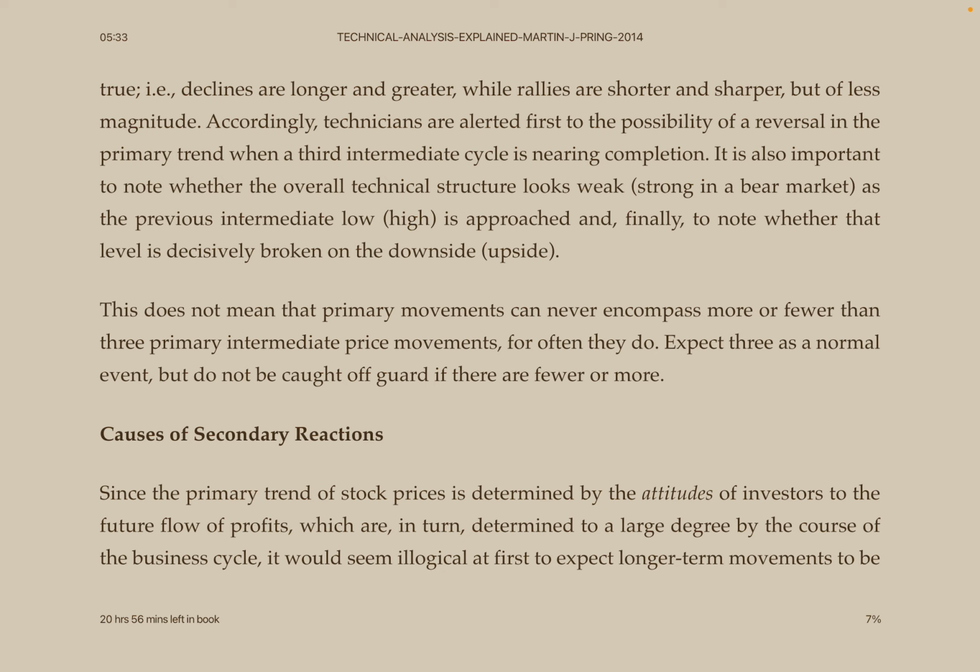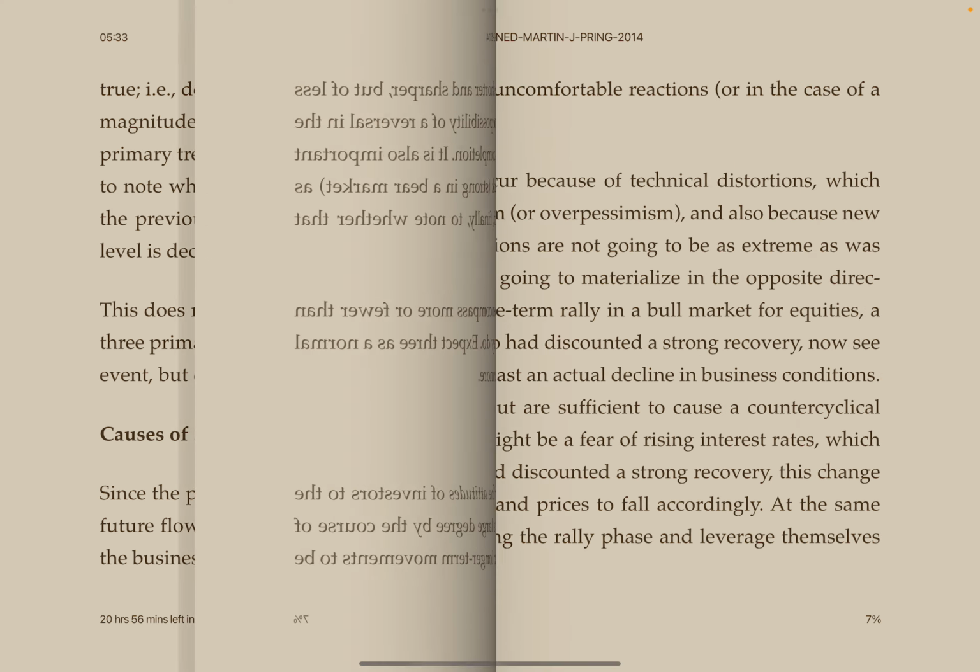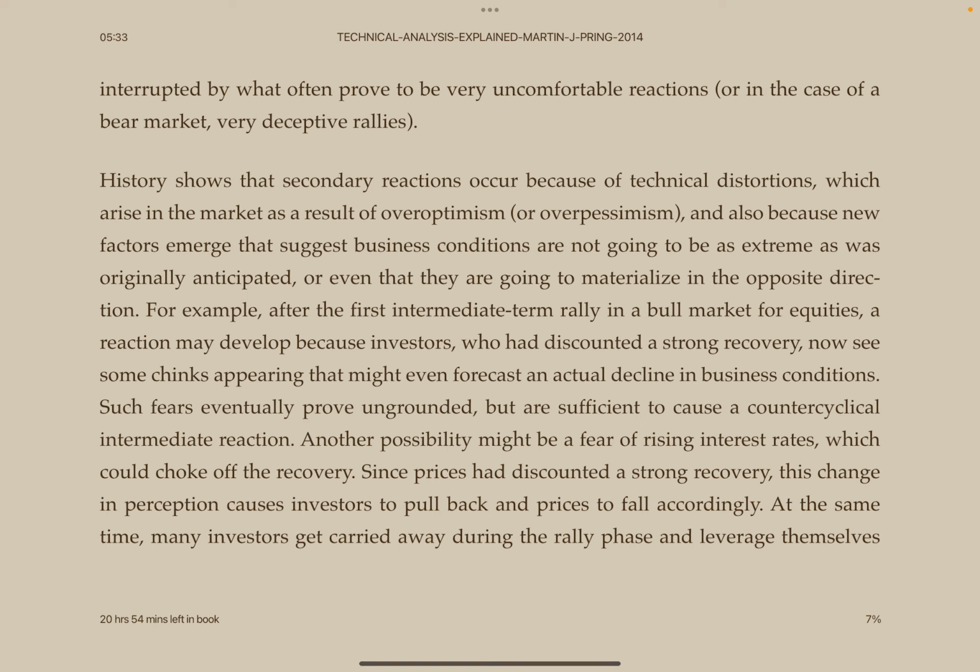Causes of secondary reactions. Since the primary trend of stock prices is determined by the attitudes of investors to the future flow of profits, which are in turn determined to a large degree by the course of the business cycle, it would seem illogical at first to expect longer term movements to be interrupted by what often prove to be very uncomfortable reactions, or in the case of a bear market, very deceptive rallies.